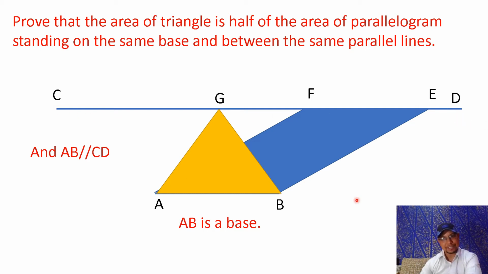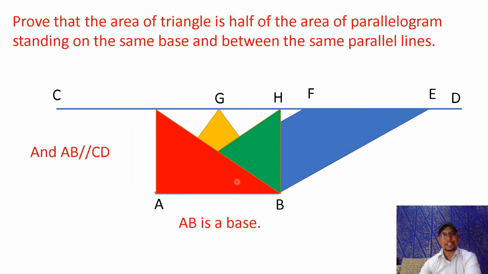Okay students, you see here a green triangle ABH which also stands on the base AB and between the parallel lines AB parallel CD. Likewise, here is a red triangle ABI and a blue triangle ABJ which are also standing on the same base AB and between the same parallel lines AB parallel CD.